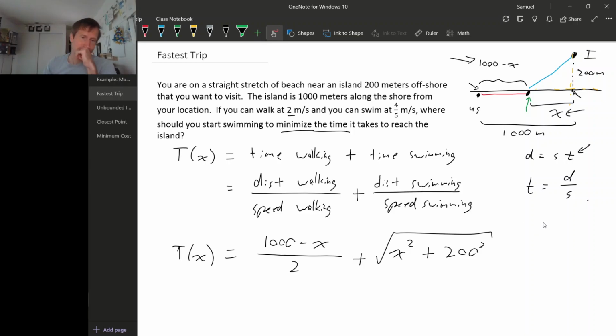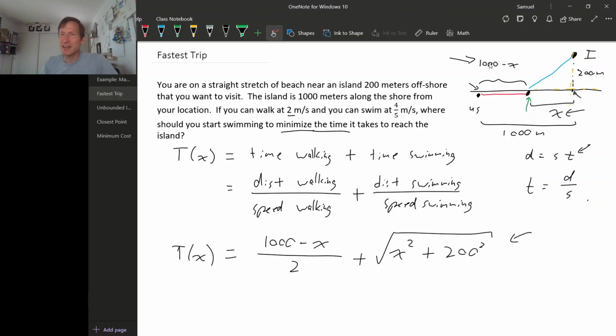All right, next thing to do is come up with a sensible domain for this problem. So, as a function, this formula is defined for all real numbers, but not every real number is going to make sense as a possible input for this function, just from a realistic standpoint.